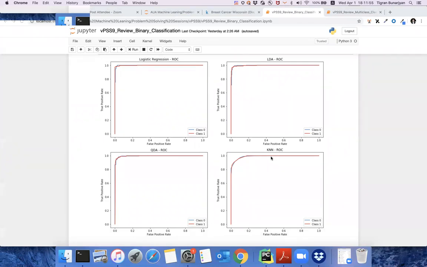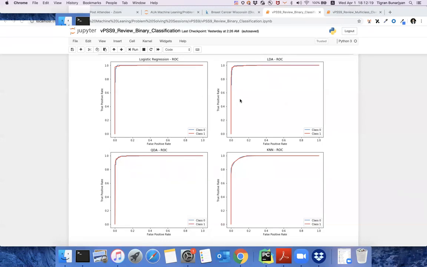We see that the logistic regression in here provides actually the best ROC curves for each class out of these four classifiers.